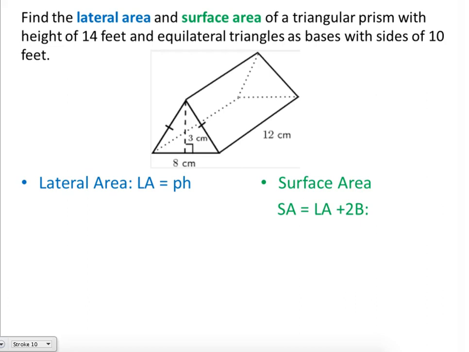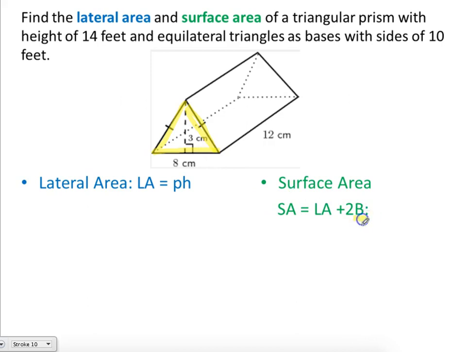So we're actually going to skip this slide of actually finding the lateral area and surface area of a triangular prism, but I just wanted to point out that sometimes, again, finding the area of the base, in this case, is going to require us to find the area of a triangle.